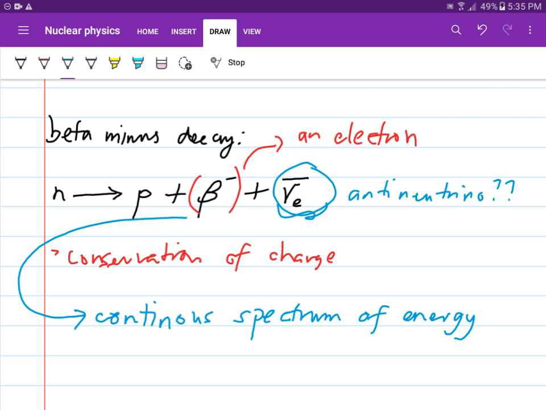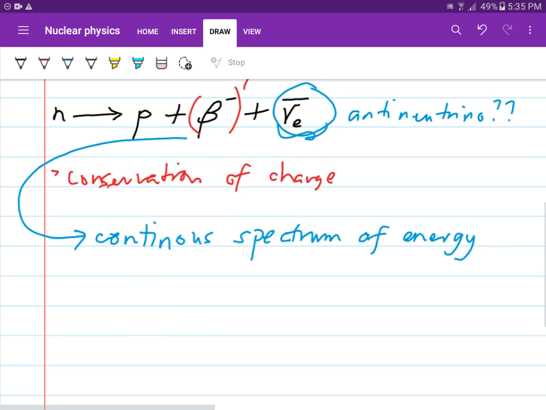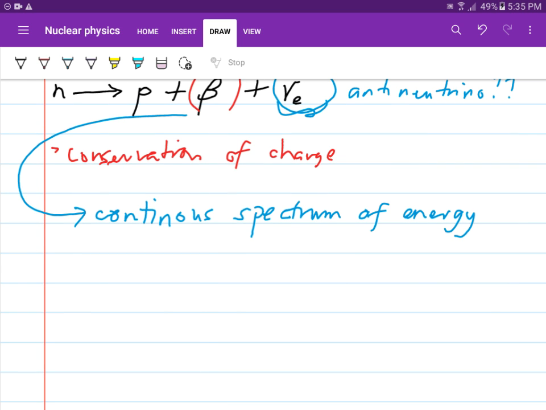So what do we mean by continuous spectrum of energy? Compared to the alpha decay, wherein the unstable nuclei just releases an alpha particle, we can measure in a definite value the energy of the alpha particle. So we are sure that we can measure the definite value of the alpha particle.